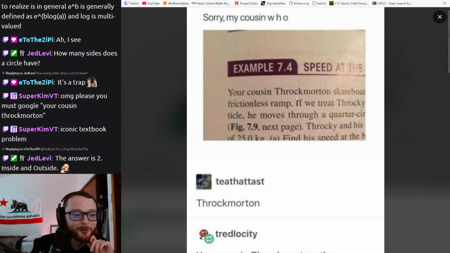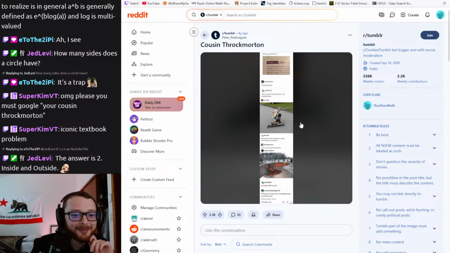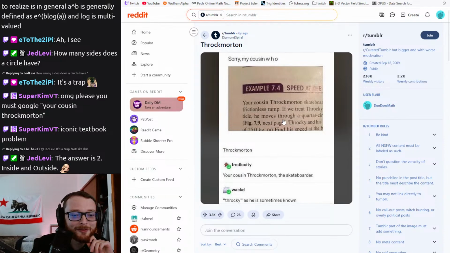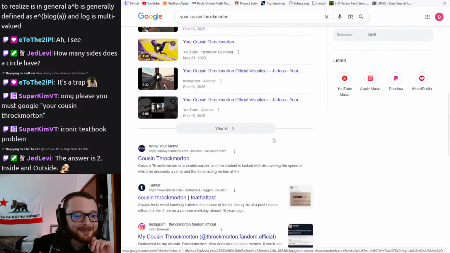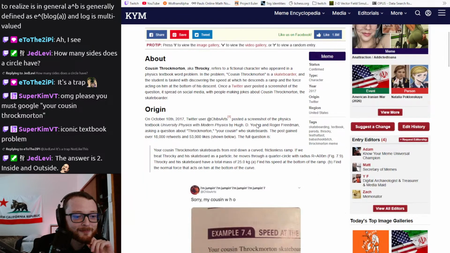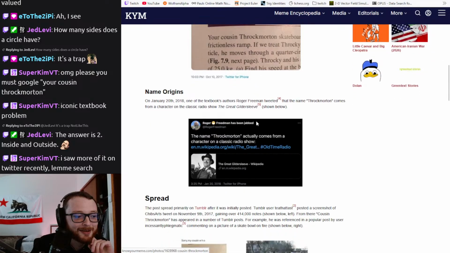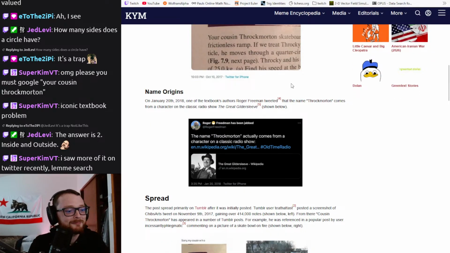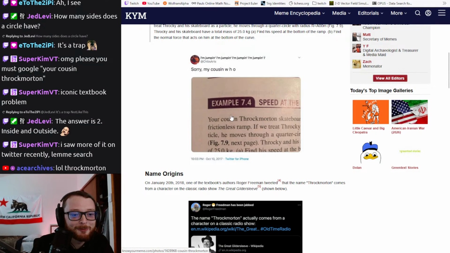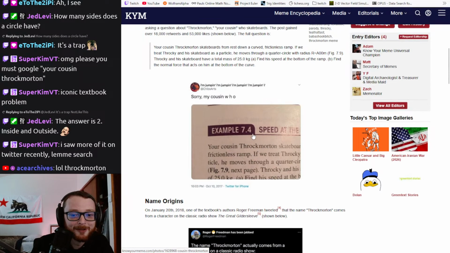I want to see the full problem, though. Why is it only this fragment? That's going to annoy me. No, you're mean. They never fail, right? No, that's all of it. Okay. That's a hilarious name though, Throckmorton. Like whoever wrote the textbook was just having fun.